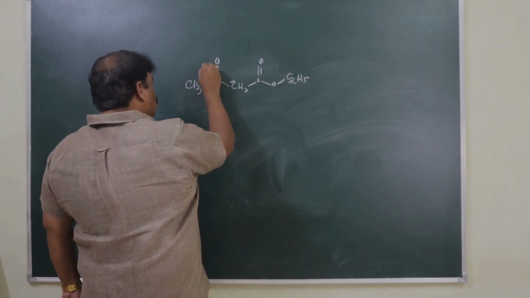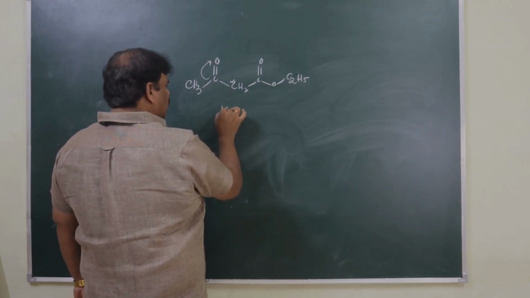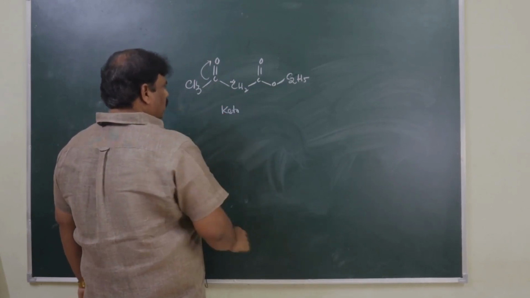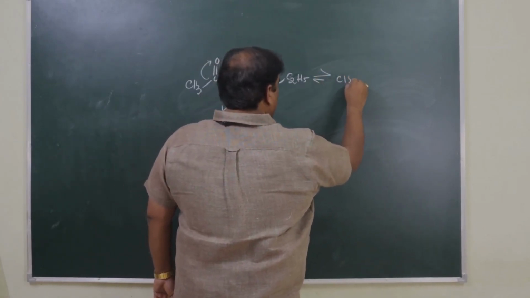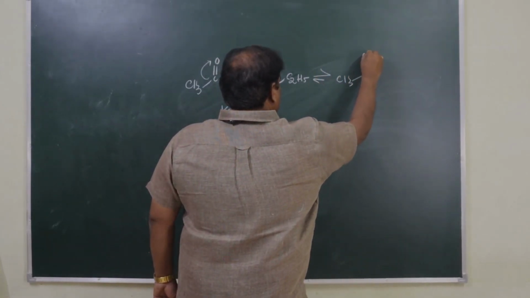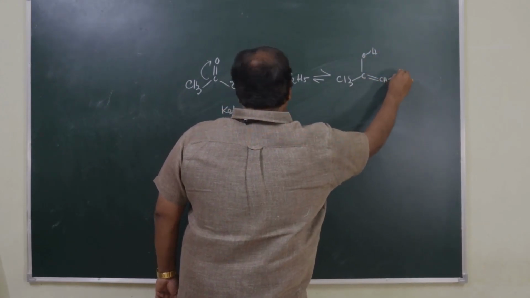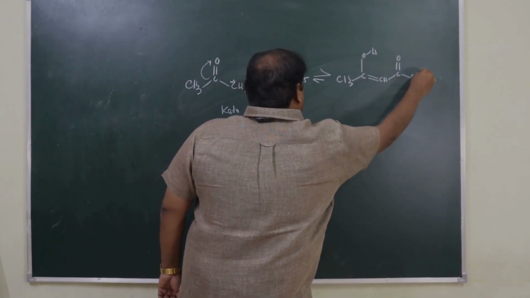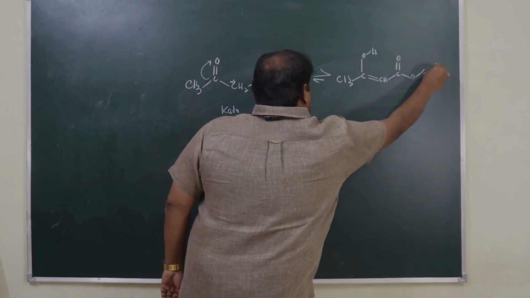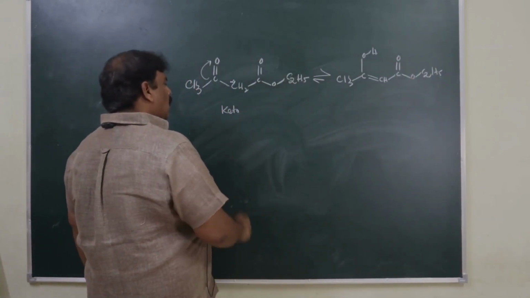Acetoacetic ester exists in two forms. This is one form, called the keto form. And this is another form. As these two forms are formed by migration of a proton, these two are called tautomers.